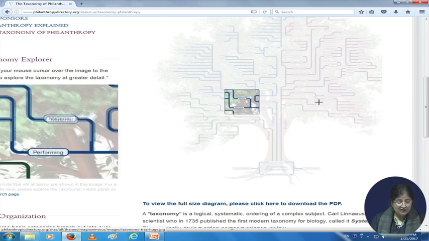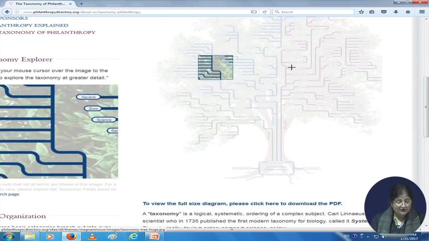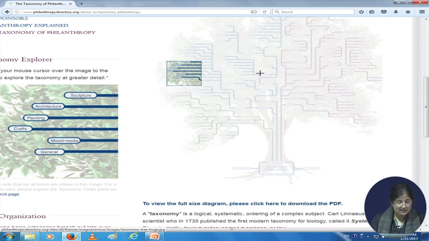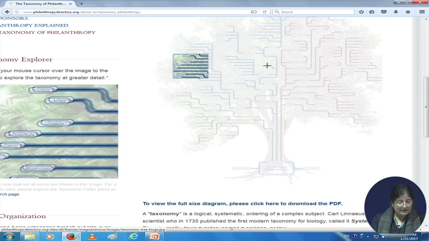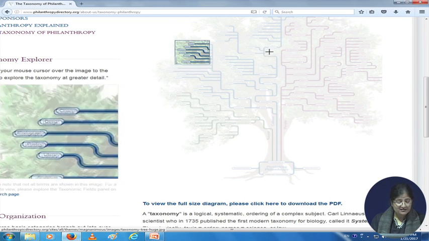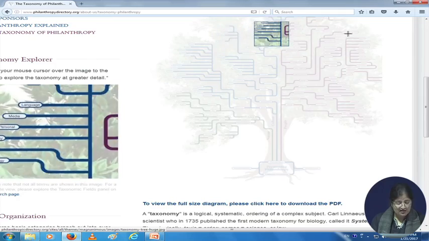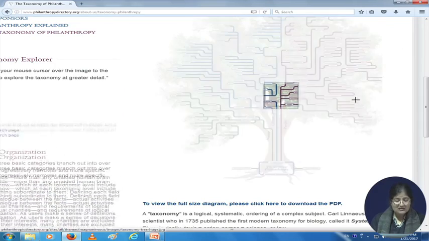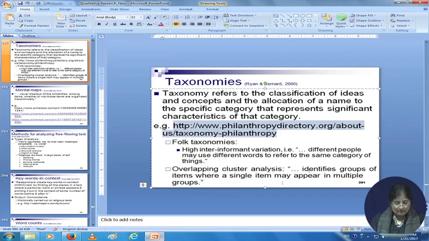Similarly, material arts involve, there are so many different categories here: general, mixed media, painting, architecture, sculpture, literary, etc., etc. So all of these things are given here. So this is called a taxonomy. We come up with categories, and these categories are then organized in the form of a hierarchy. It's a very beautiful way of doing it.